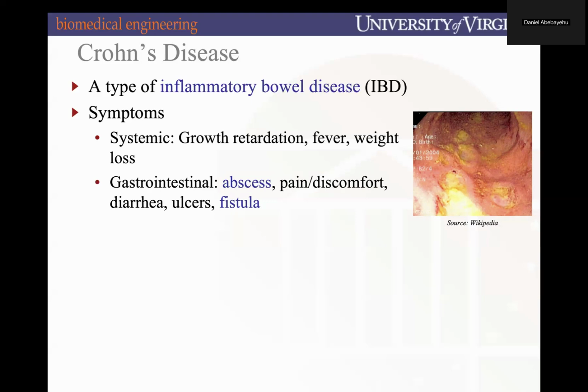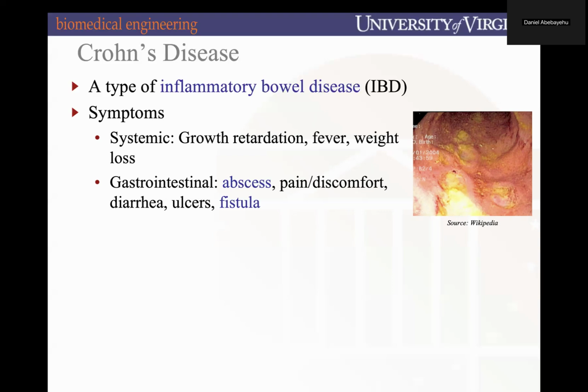They're fairly short-lived. They come into the site of infection or inflammation, will release a lot of enzymes, can release a lot of proteins quickly, but then undergo death fairly quickly as well. And so that's why whenever there's infection, there's typically pus, all of these dead neutrophils, and that's what an abscess is. It's also associated with pain, discomfort, diarrhea, ulcers, and in some more extreme cases, fistulas.